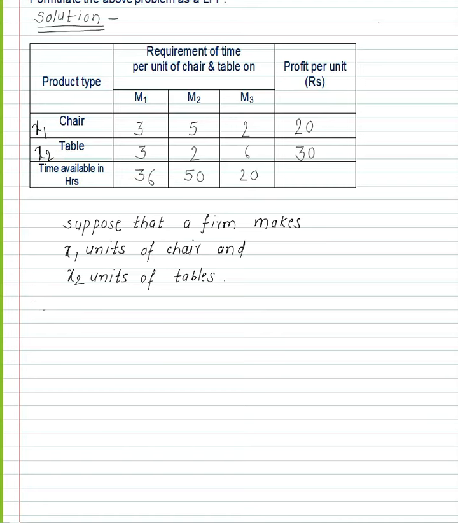Let us find total profits of the firm when it makes x1 units of chair and x2 units of table.